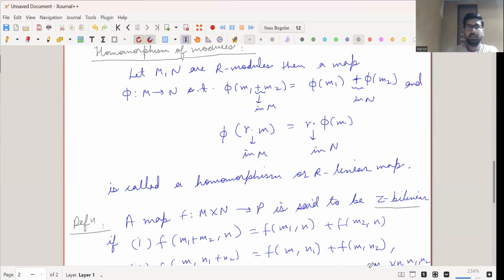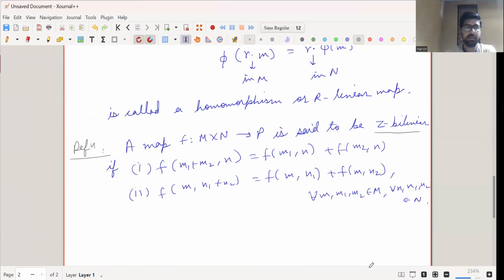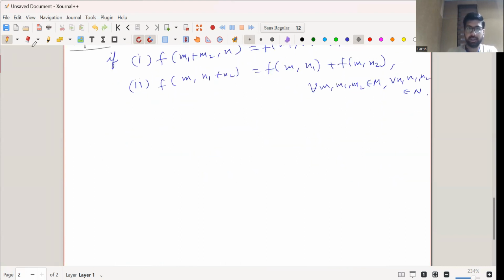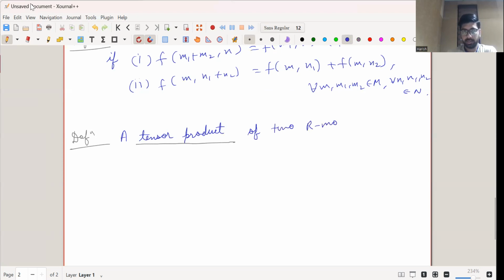Okay. So I was just saying that, as we have defined the Z bilinear map, we are in a position to define what is called a tensor product, because that is the main aim of this week, to make you aware of this definition. So a tensor product of two R modules.